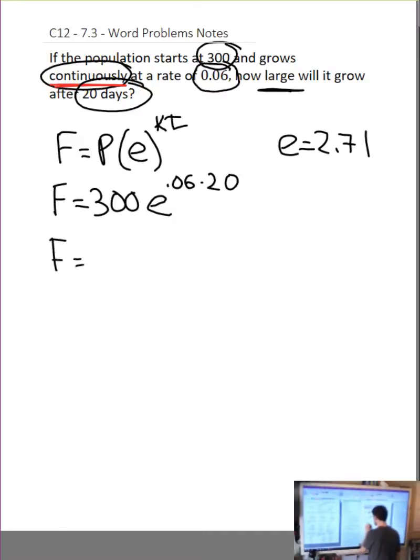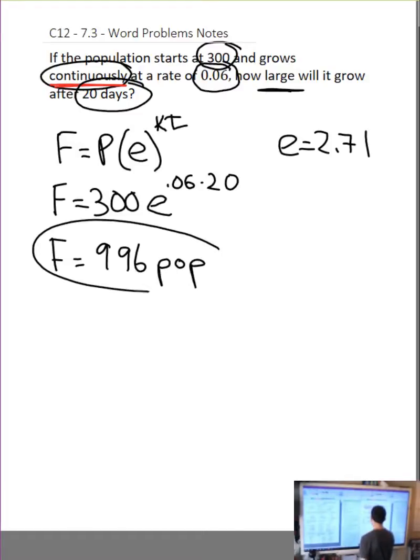So there I can just type that into my calculator and I get 996. And again, that is a population, so we are going to round to the nearest integer. It would be a lot more difficult to do a logic check on an exponential growth.